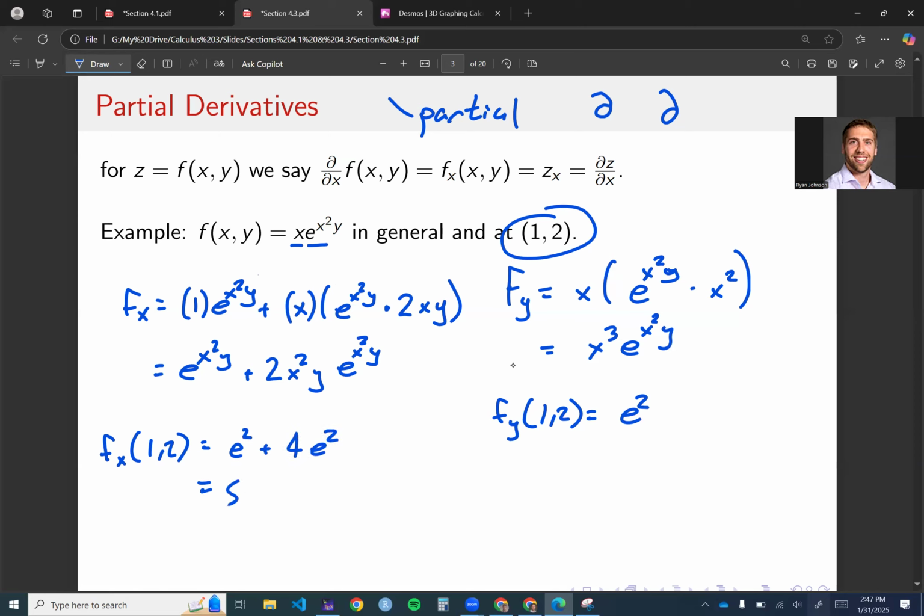So that's 5e squared. Everyone good with that? Okay.